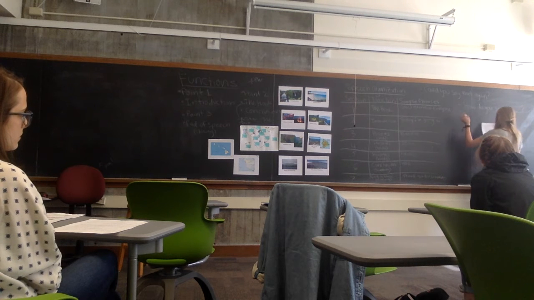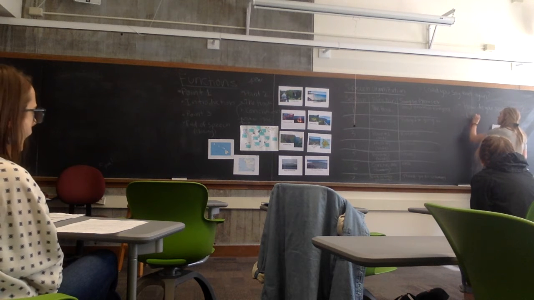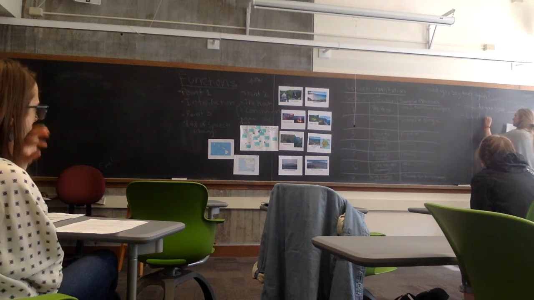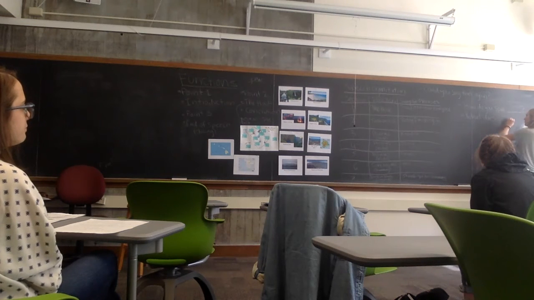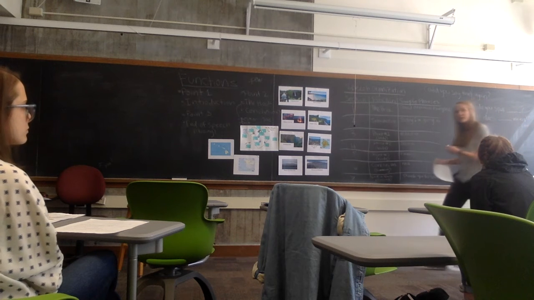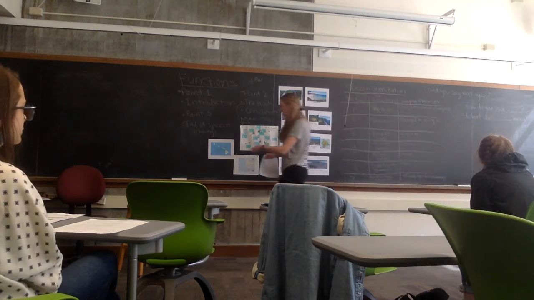Okay, and the last question is, what does the word that you don't understand mean? All right, so as we're going through, these are some questions that you can ask if you don't understand or if you didn't hear correctly.